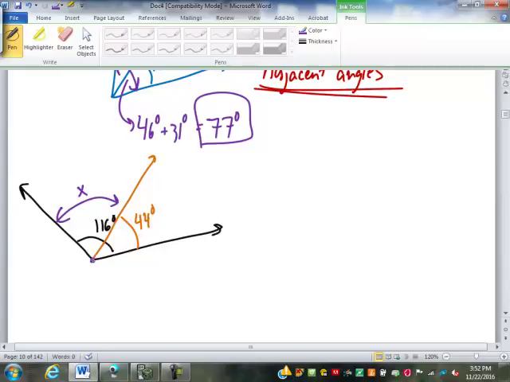They share a common vertex, and the brown side there is shared by both angles. So x plus 44 has to equal 116. So how do I find x? Subtract 44. So 116 minus 44 is 72 degrees.